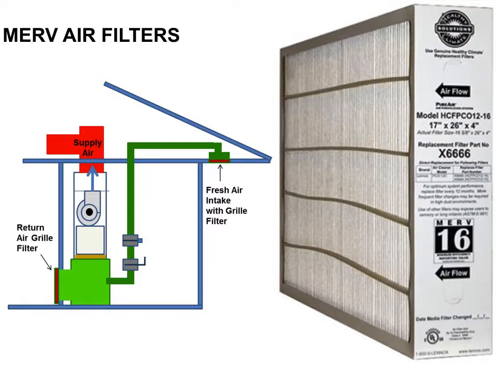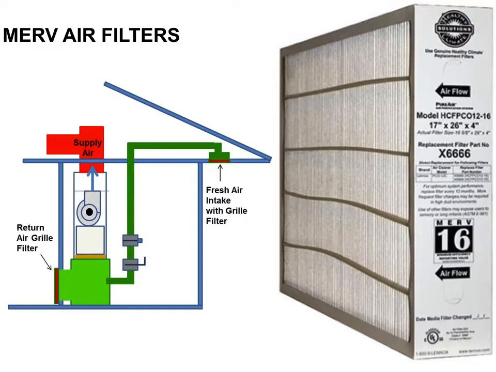Another strategy is filtering the air itself. So when we bring in fresh air from those units at the top of a building, you want to put in a filter to basically filter the air before it comes into all of the spaces in the building.